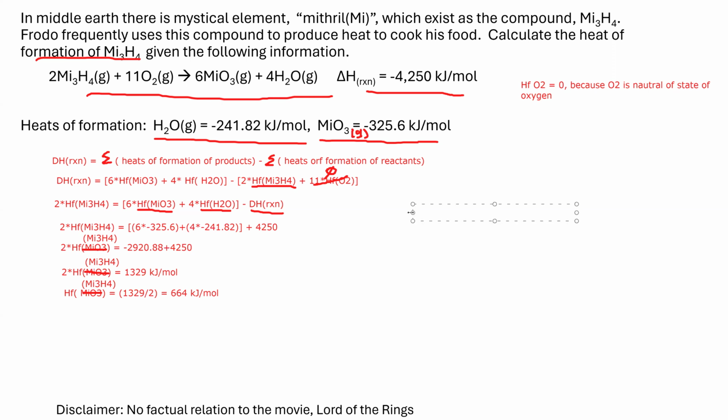So to check, delta H of reaction equals 6 times the heat of formation of MiO3 plus 4 times the heat of formation of H2O gas, and all of that minus 2 times the heat of formation of Mi3H4.